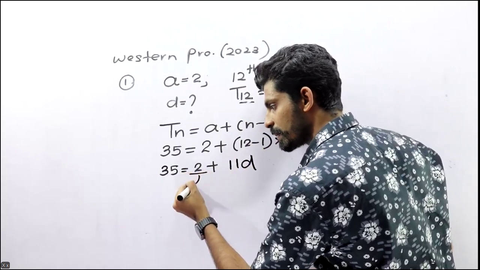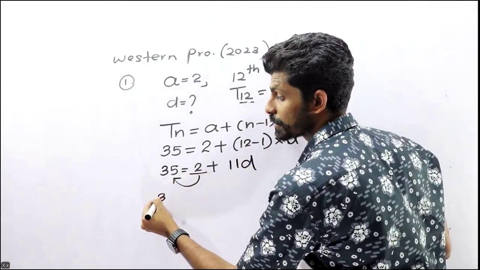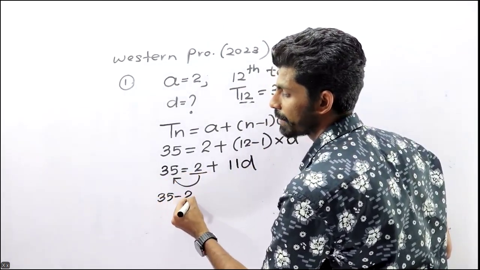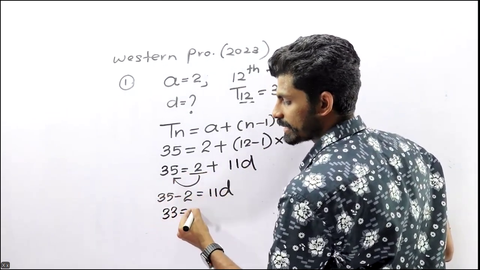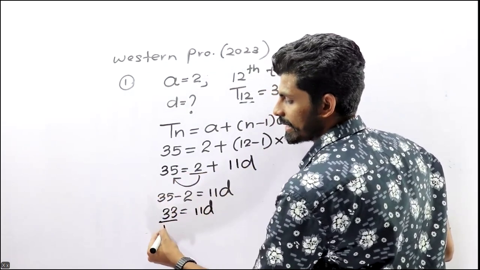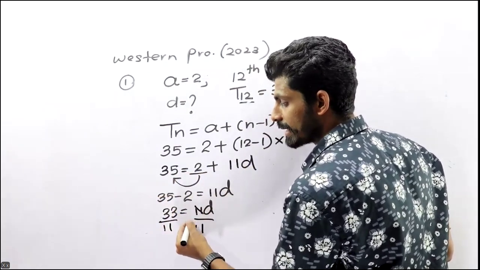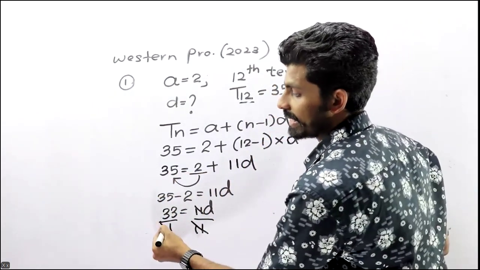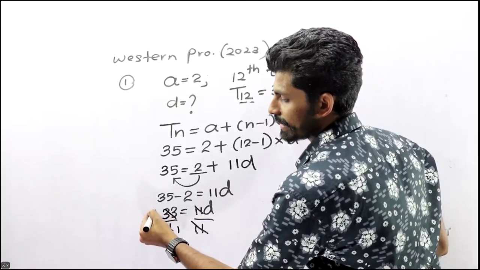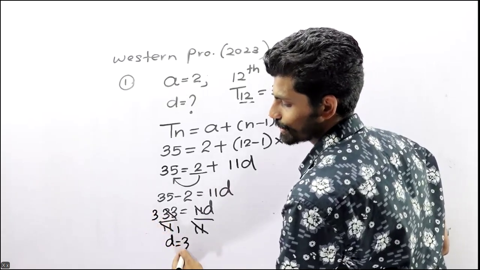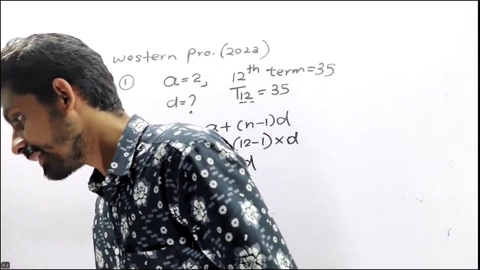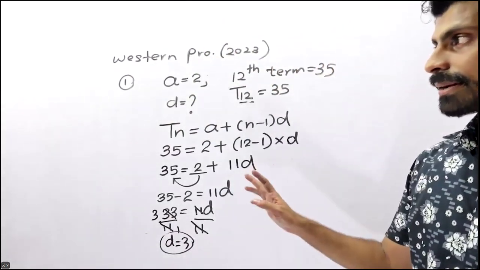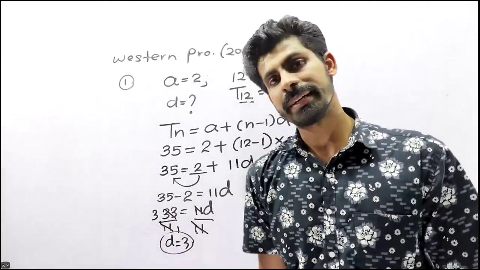Plus 2 moving to the other side becomes minus 2. 35 minus 2, 33, equals 11d. Dividing both sides by 11, 33 divided by 11 is 3. So d equals 3. The common difference equals 3.